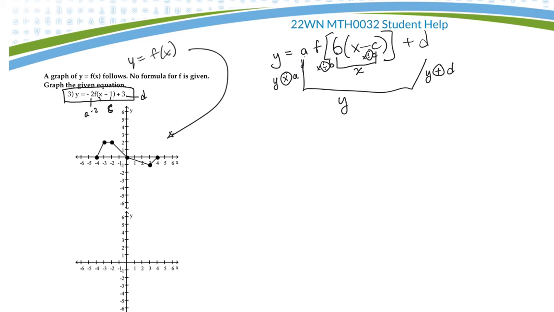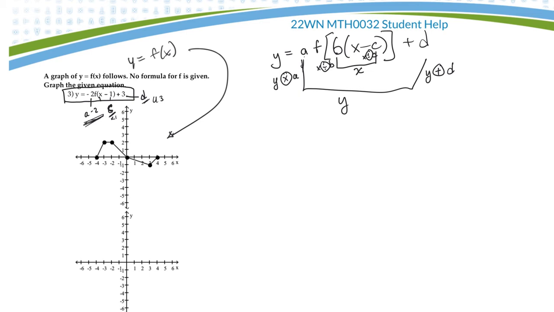This a tells me I need to reflect the graph on the x-axis and stretch everything vertically by a factor of 2. This tells me I need to go right by 1, and this one tells me I need to go up by 3. So I need to do that for each one of the points.